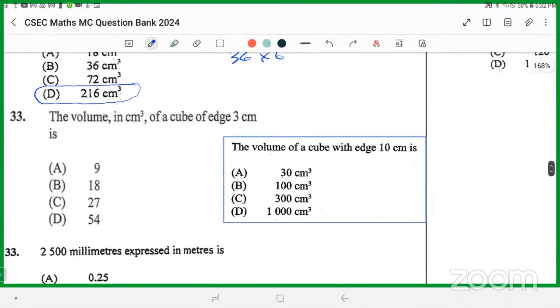Volume of a cube of edge 3 is 3 times 3 times 3, that's 27. This question is easy. What about a cube of 10? Same thing. 10 times 10 times 10 is 1,000. So all these questions are the same.